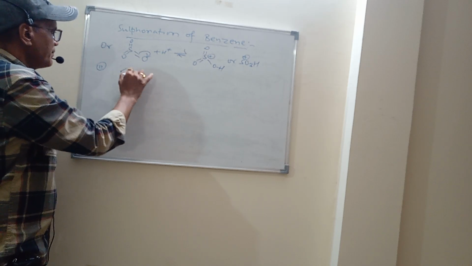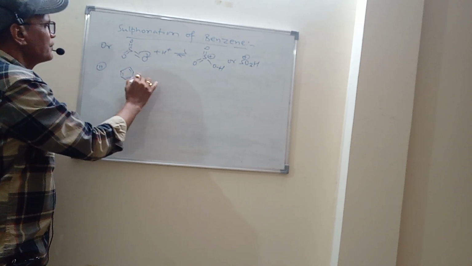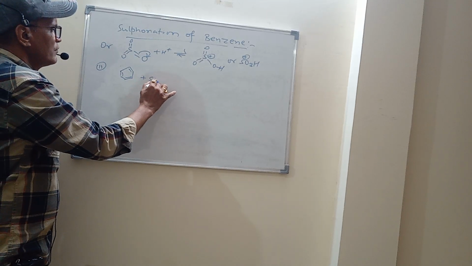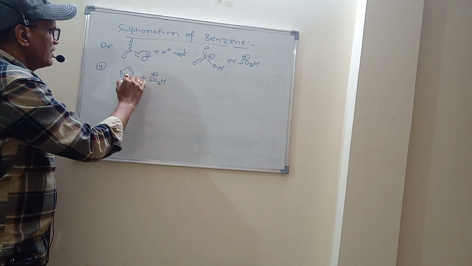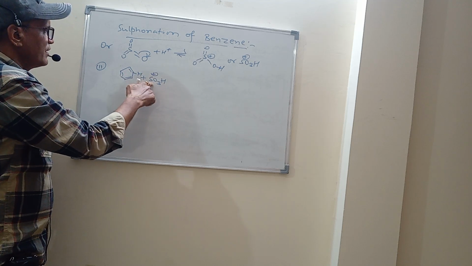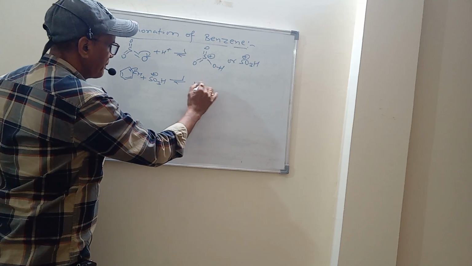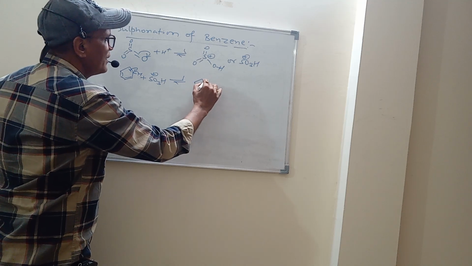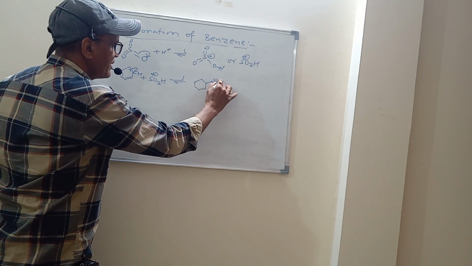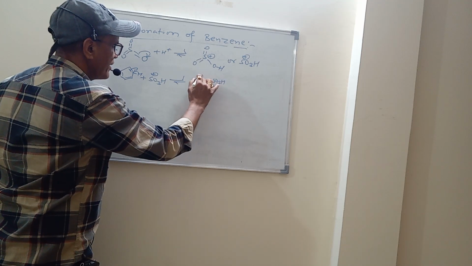In the second step, this electrophile will pull this pi electron to generate carbocation.